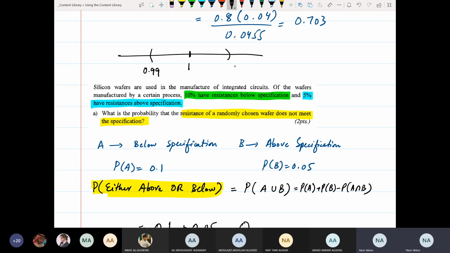If they are above 1.01, the tube rod will be too big to fit into the space. Now imagine below 0.99 is below specification, above 1.01 is above specification, and within these two they meet the specification. Can there be a tube rod which is below 0.99 and at the same time above 1.01 in length?